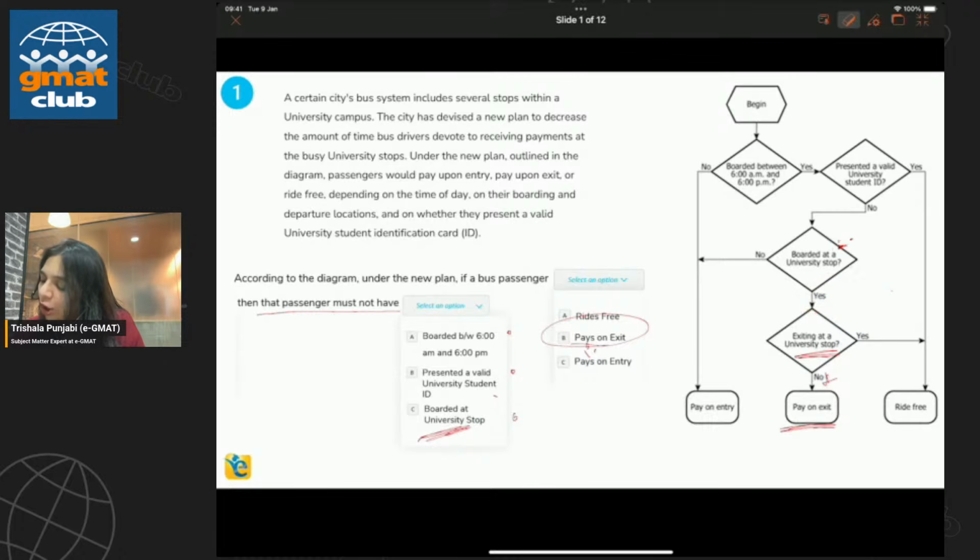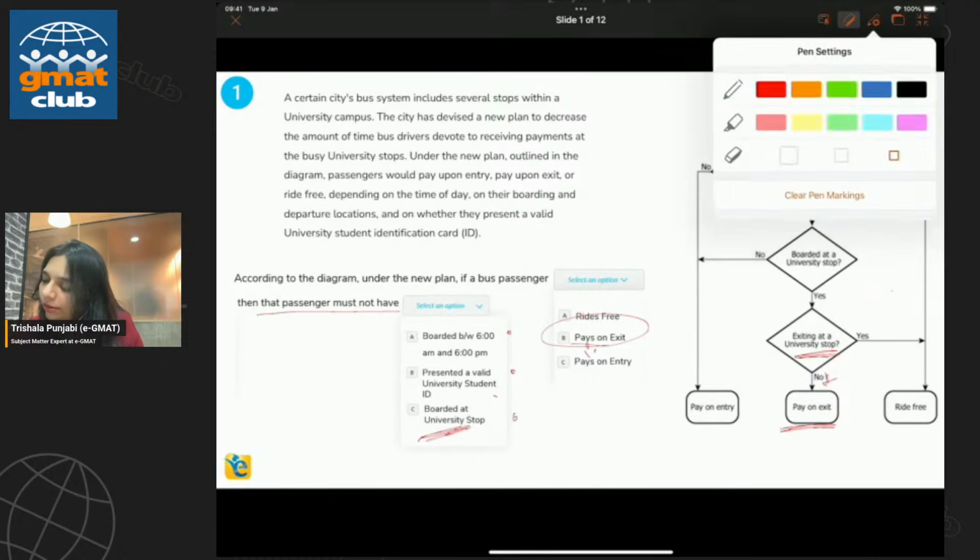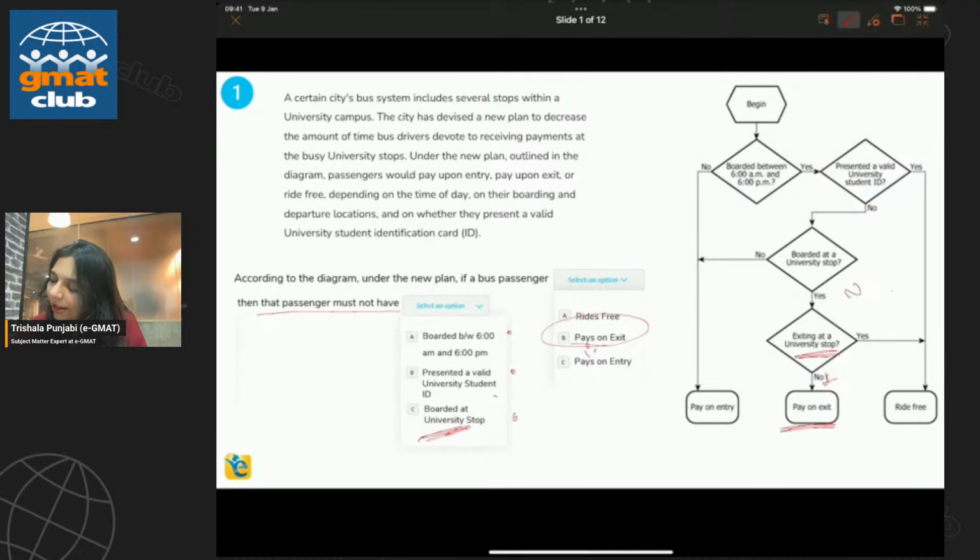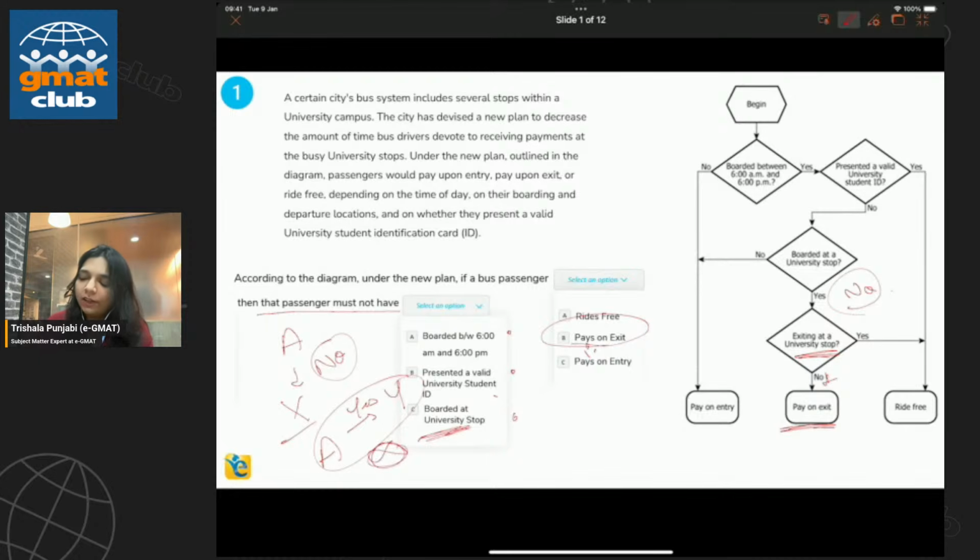For must not, this has to be a no, right? If A must not have happened, then X happens. If A must have happened and then Y happens, then this is not a must not have. What is it saying? It said must not have, so here it has to be a no. Does it make sense?